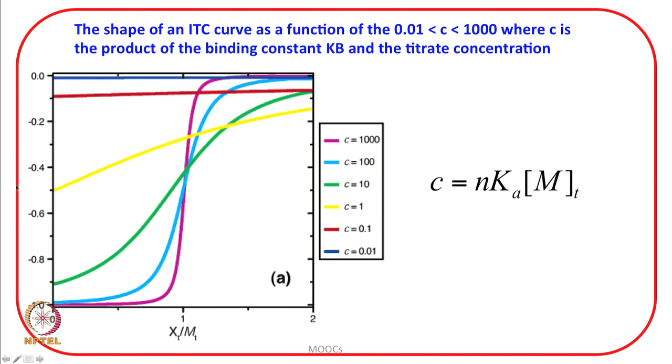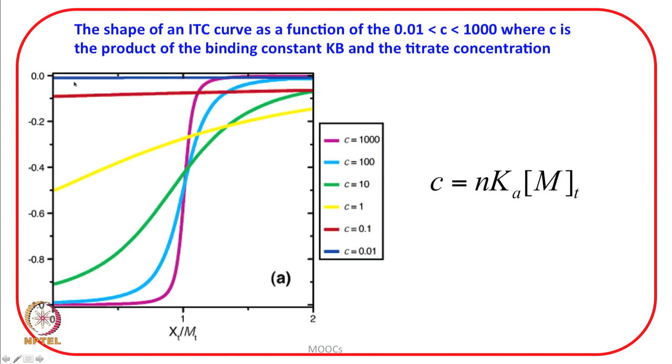And the figure shows how the output or isothermal titration calorimetric profile will look like for different values of C. And this figure represents a range of C value from 0.01 to 1000. Let us take a look at this line.